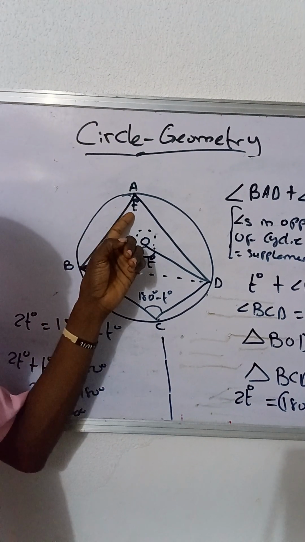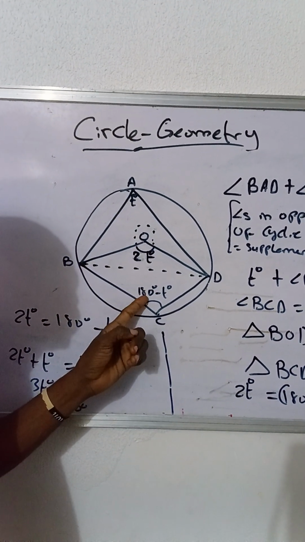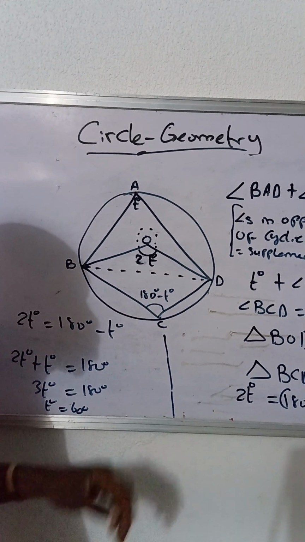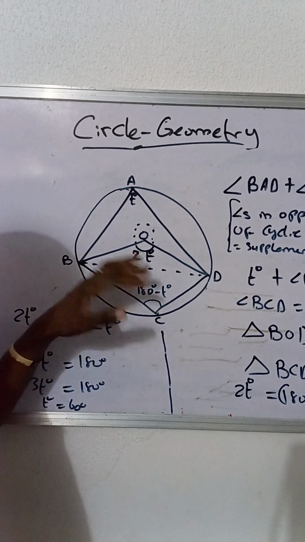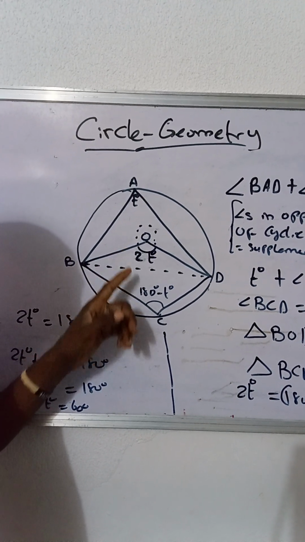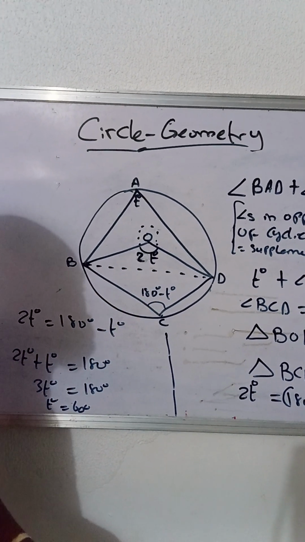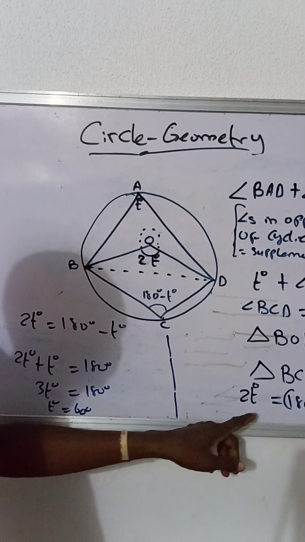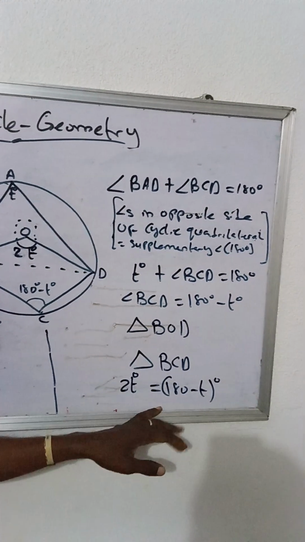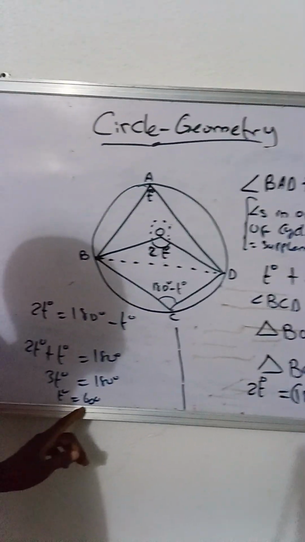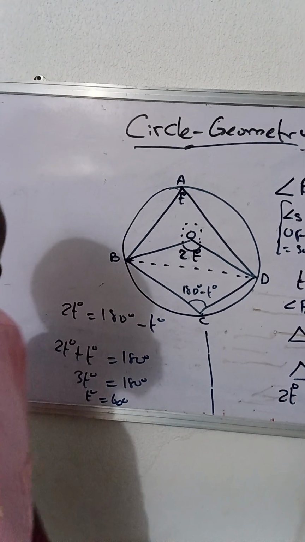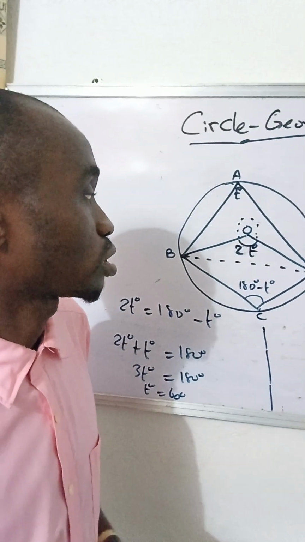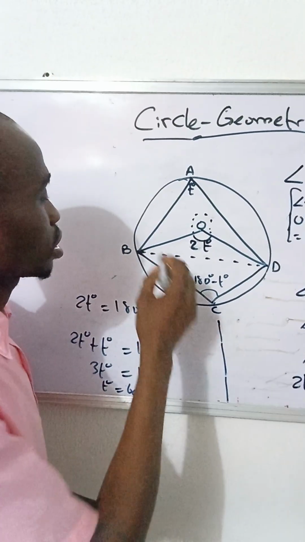If this one is t, there will be 180 minus t degrees. And lastly, the rhombus theorem says opposite angles are equal. So following your arithmetic, t will be 60 degrees.